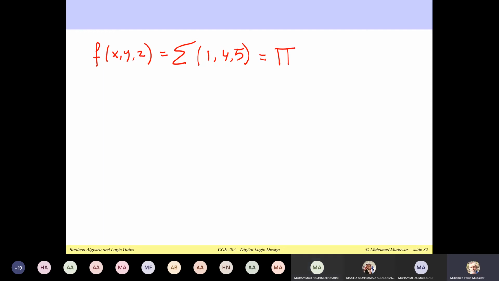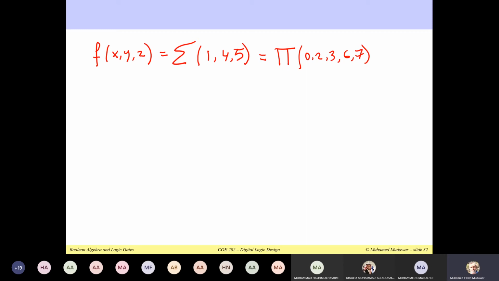The pi means max terms. So it will be 0, 2, 3, 6, 7. So in total, we have 3 minterms and 5 max terms.